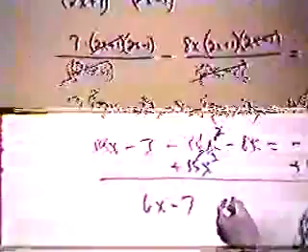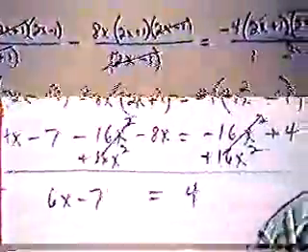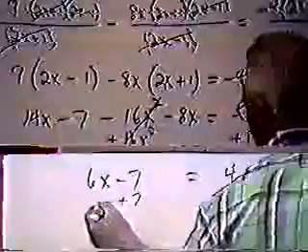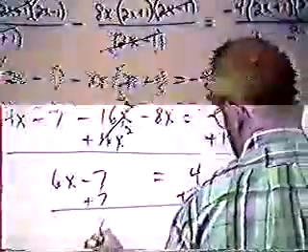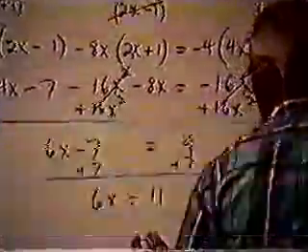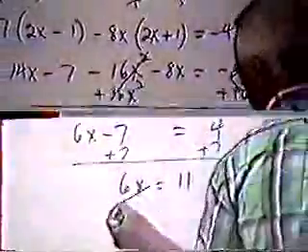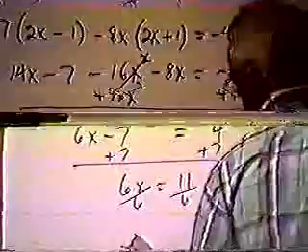This drops out. Okay, over here this drops out. We have 4. So now we want to get the 7 across by doing the opposite operation. It's subtracted over here, so we'll add it. So we get 6x is equal to 11. Now we want to get rid of the 6, so it's connected by multiplication. Therefore we divide, and so x is equal to 11/6.